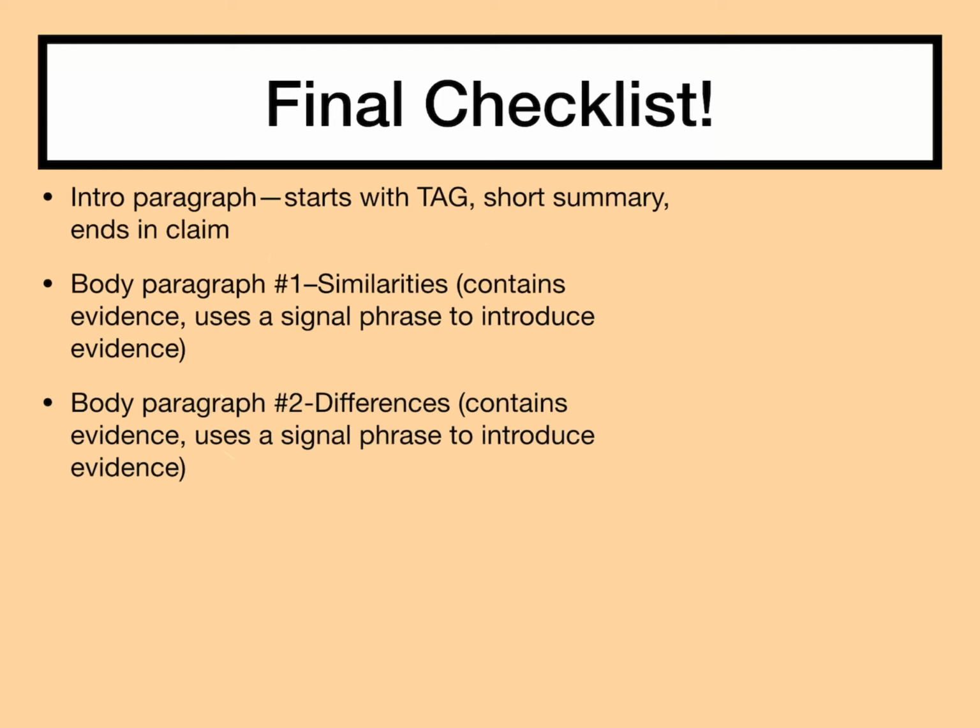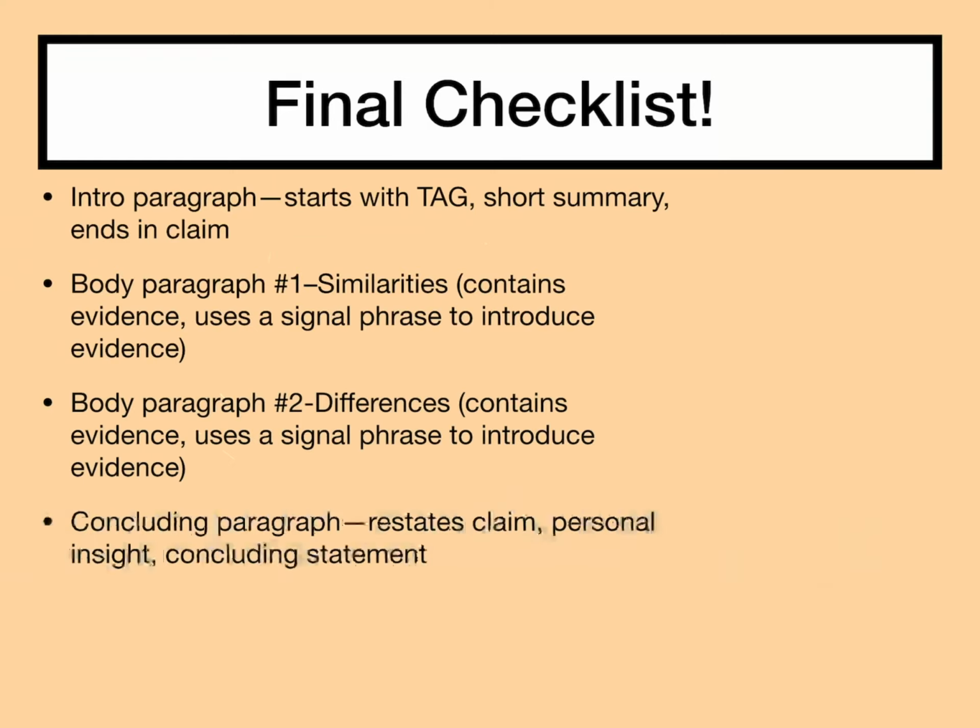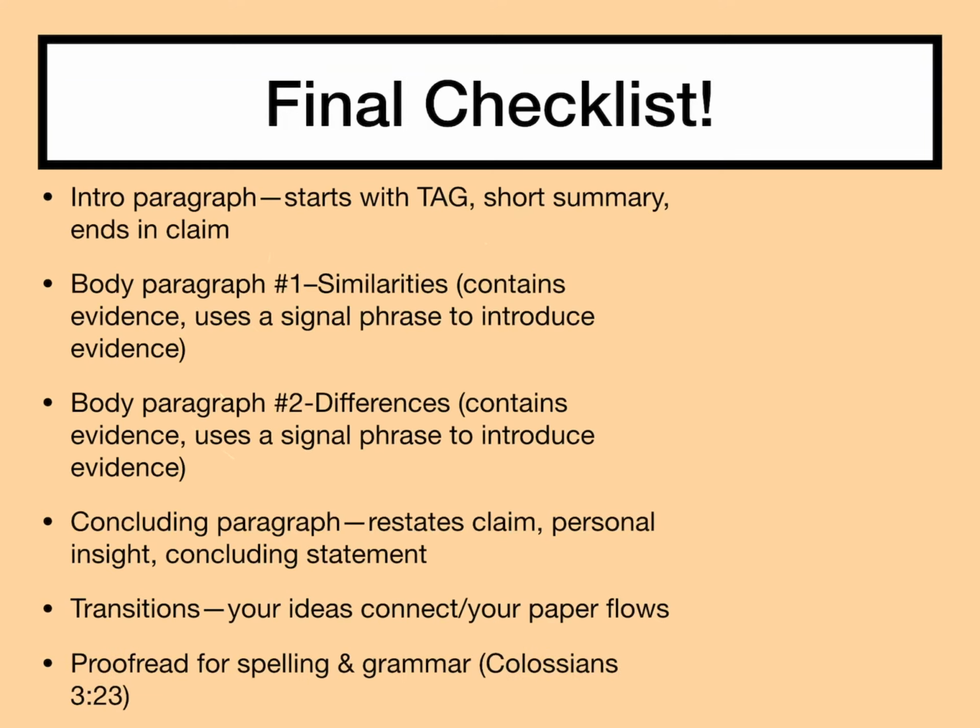You've once again brought in evidence to support those claims and used the signal phrase to introduce your evidence. Your concluding paragraph, you've restated your claim, you've provided some personal insight, and you've provided a concluding statement that brings closure to your reader. You've also included transitions throughout your paper so that your ideas connect and your paper flows.